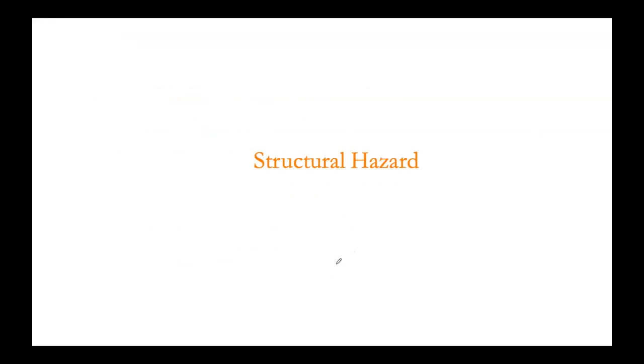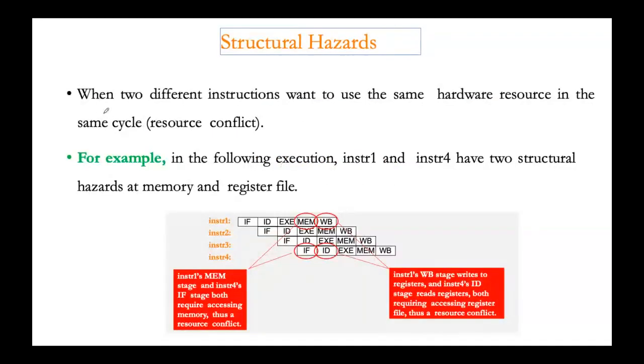So let us see how the structural hazard happens. When two different instructions want to use the same hardware resource in the same cycle, a resource conflict will occur. In the following example, we have four instructions undergoing stages like instruction fetching, decoding, execution, memory, and write back.